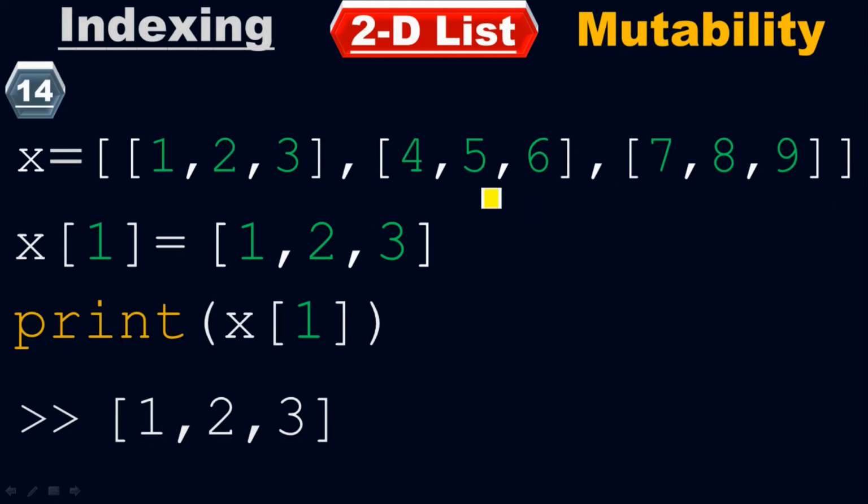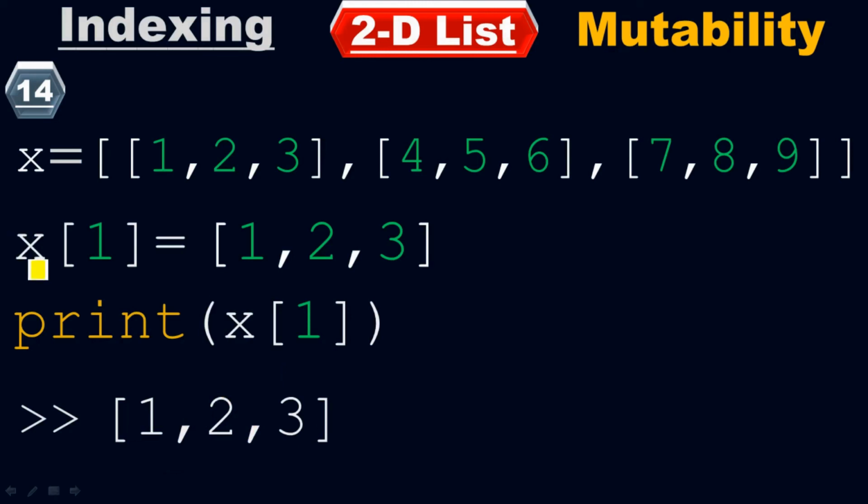So at 1 we have this whole thing, because remember it is considered a single item or a single element for this two-dimensional list, for this outer list. Therefore, index 1 returns this whole thing, not this individual item. So when you take the x of 1 and then make it equals to 1, 2, 3, when you take the print of x of 1, run it, you will get the new list 1, 2, 3.